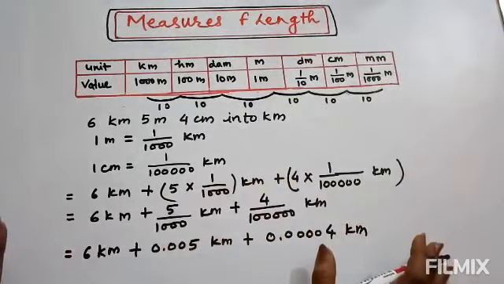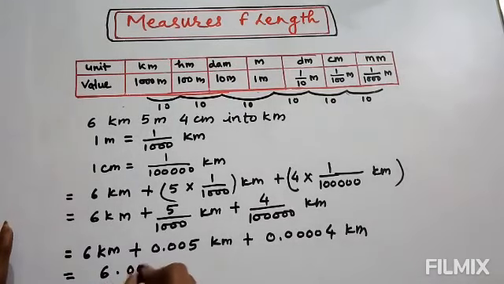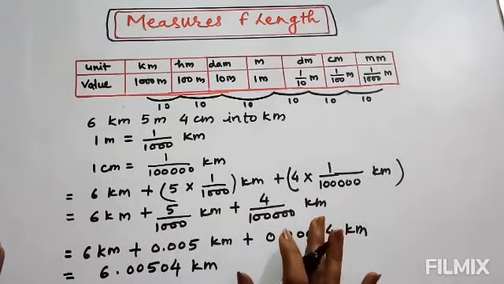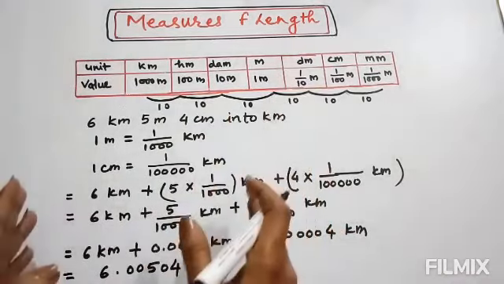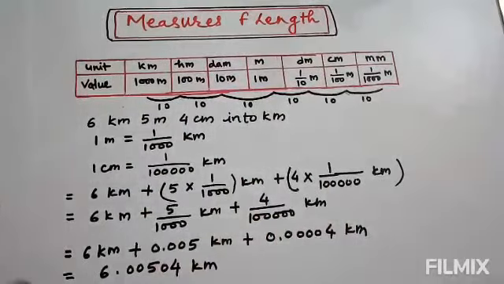Now add all this together, so you will get your answer as 6.00504 kilometer. That will be your answer. If you face difficulty adding these numbers, you can write them in a column and add after that. Okay, so you will get the same answer.